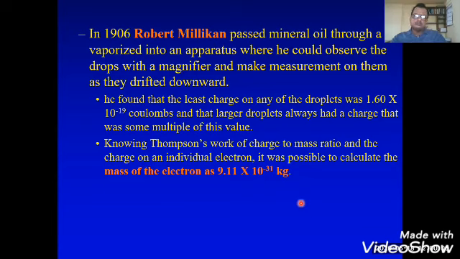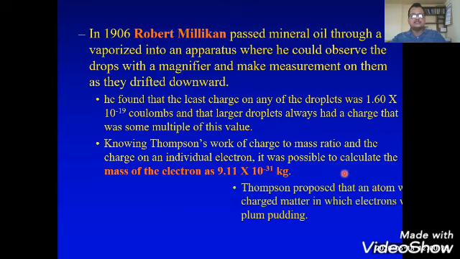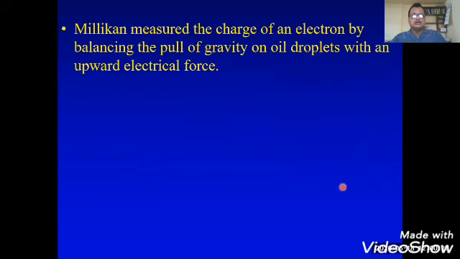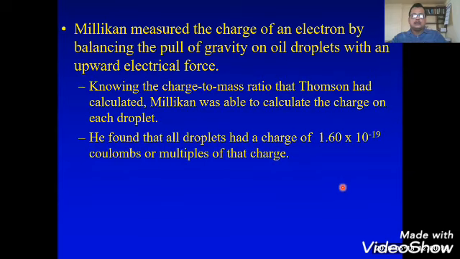So this gentleman, Sir J.J. Thomson, discovered that matter is made up of atoms, and that an atom contains some negatively charged particles, which were later called electrons. These electrons carry a charge of 1.6 into 10 to the power of minus 19 coulomb, and this charge was calculated by Robert Millikan in his famous liquid drop experiment.